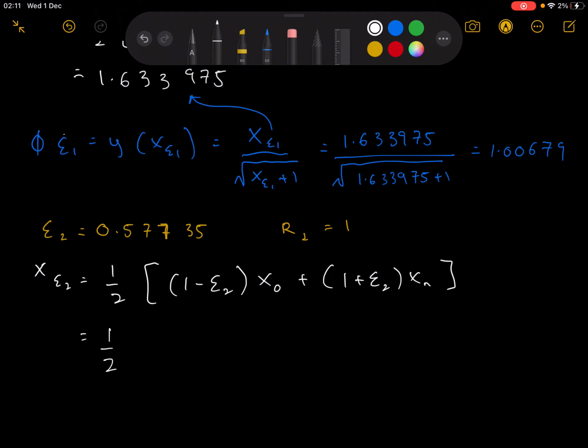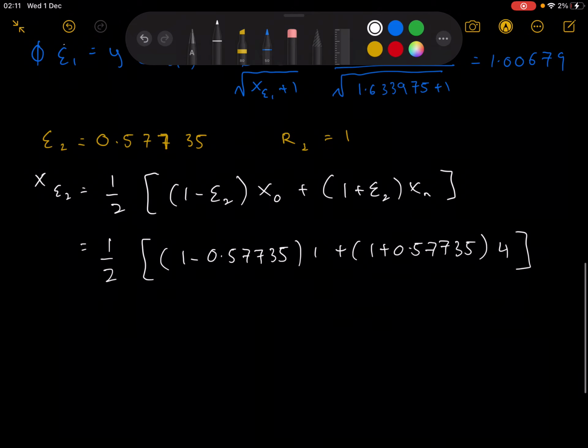So by inputting all the values, 1 minus 0.57735 multiplied by 1 plus 0.57735 multiplies by 4. By using our calculator, we'll get 3.366025.